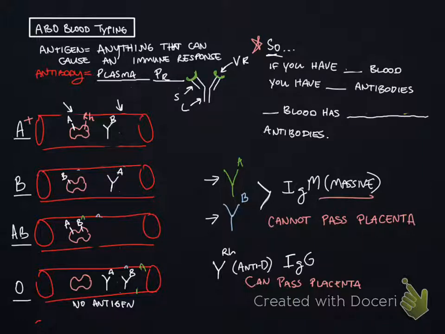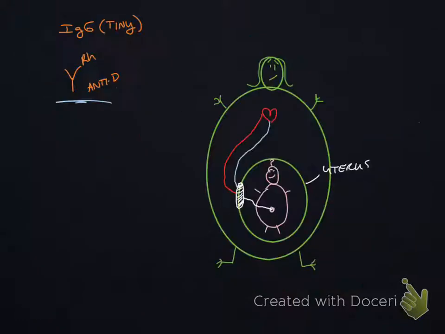Okay. Now let's talk about if we have a baby. Here's our pregnant mom. She looks miserable. And she has a little baby inside of her uterus, and this is the placenta here.